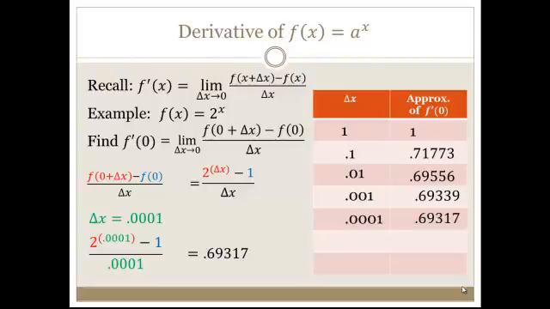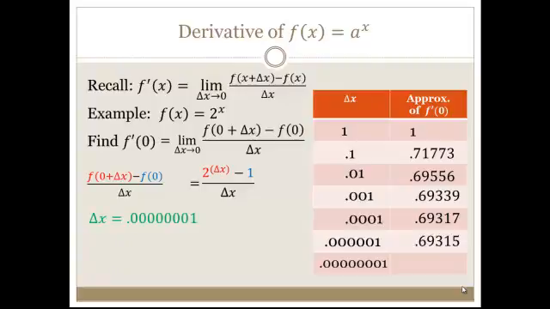So our next approximation agrees to the first 3 decimal places, which is 0.69317. Moving delta x even closer to 0, we look at delta x equals 0.000001. Here when we compute 2 to the delta x minus 1 all over delta x, we get 0.69315, which is extremely close to our last approximation.